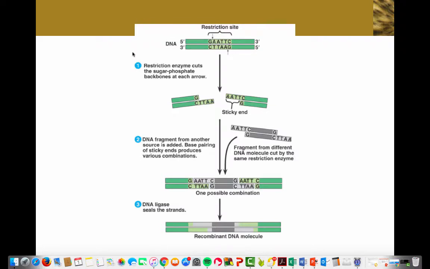And so it can come in, and then you just use the ligase, just like before, to make sure that they bond together. So restriction enzymes are used to cut and remove pieces of DNA, and then put the new piece of DNA back in.